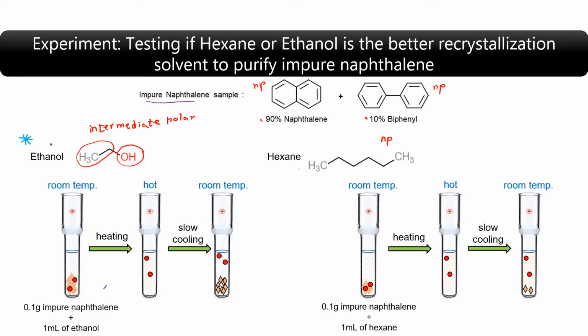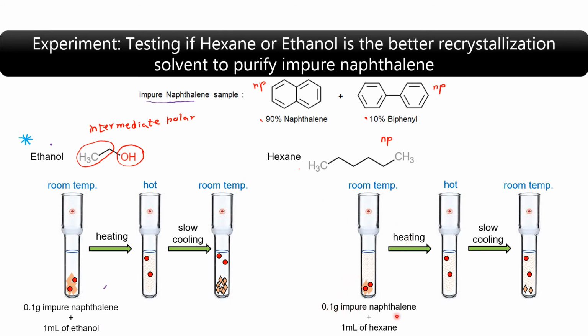So how we do this is we are going to measure 0.1 grams of the impure naphthalene, add it to this piece of glass apparatus known as the Craig tube. We add 1 ml of ethanol, and we do the same with hexane.